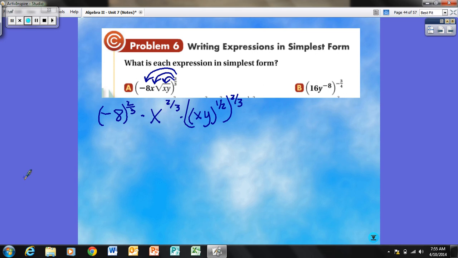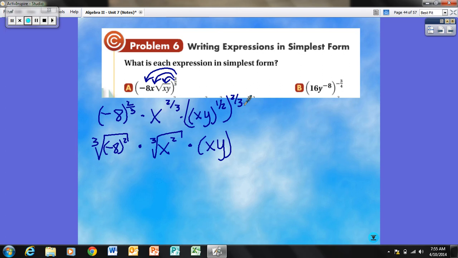So the -8 is really going to become the 3rd root of -8 squared. The x to the 2/3 is going to become the 3rd root of x squared. And then my xy, remember when you're raising a power to a power, you multiply the exponents.